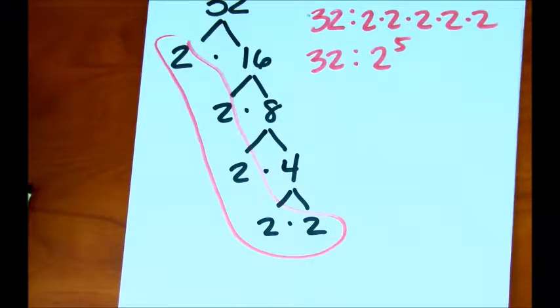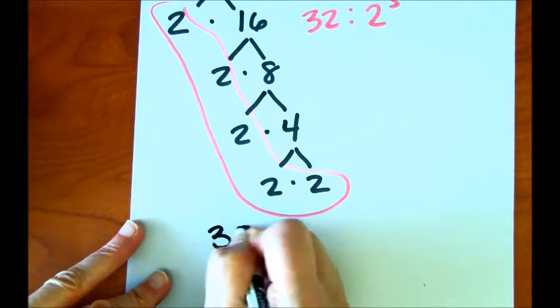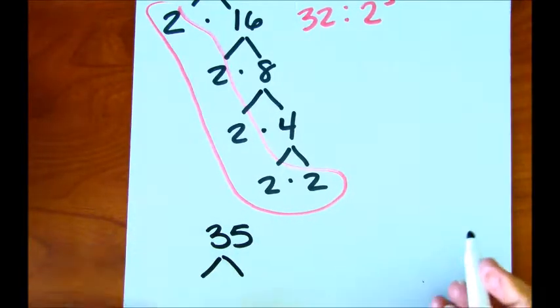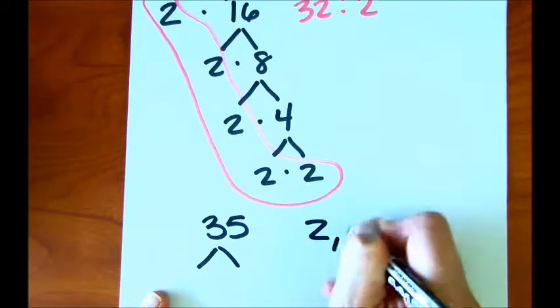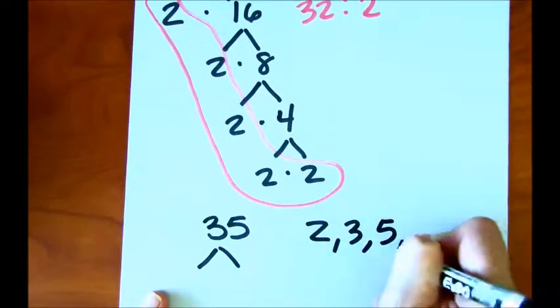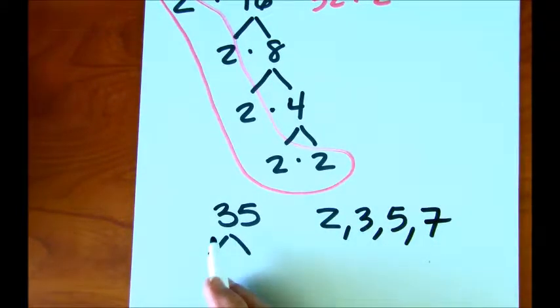All right, let's do another one that doesn't have 2's in it. Let's say we have the number 35. Before, we had our numbers, I'll write them here. So 2, 3, 5, 7, and so on. 3 doesn't go into 35, but 5 does.